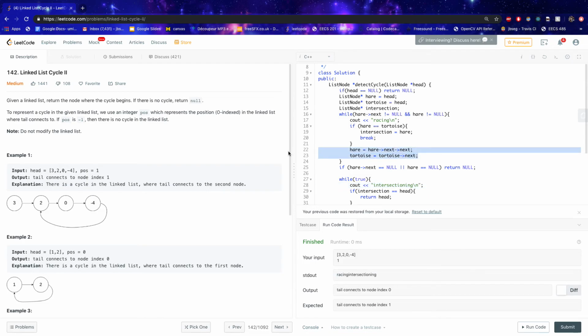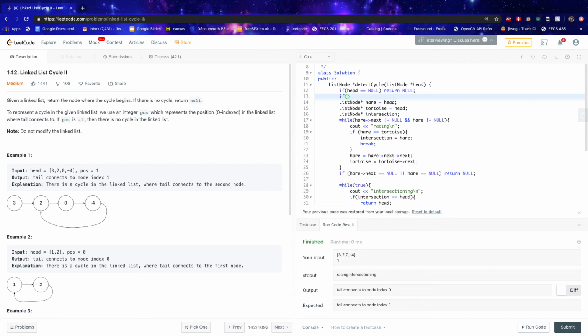Oh, it's because they equal each other right now. Yeah, at the beginning. So really, where we could start this, no wait, I want to make sure I have those safety checks. If it's one node and it's looped within itself, let me do this.